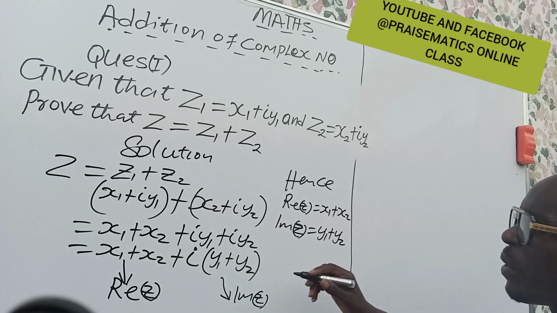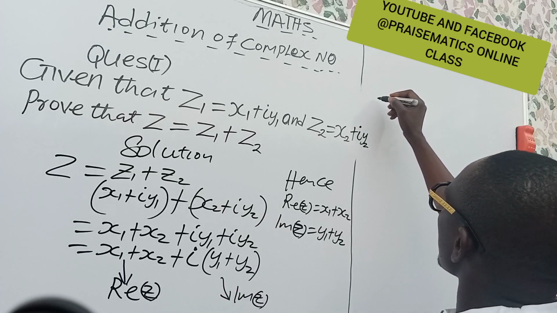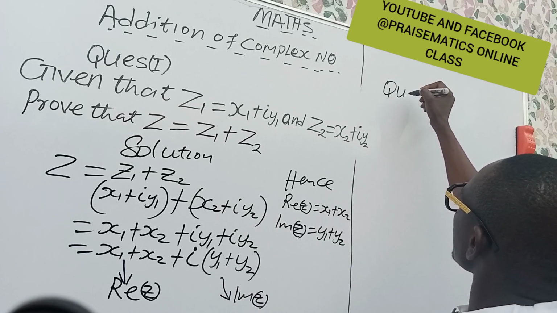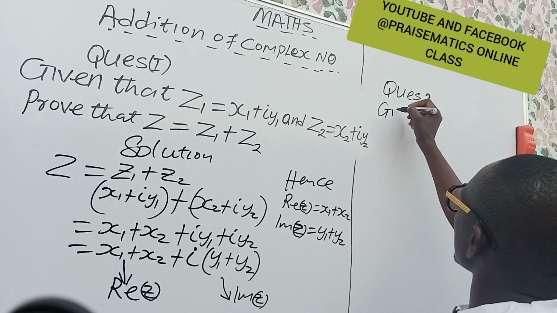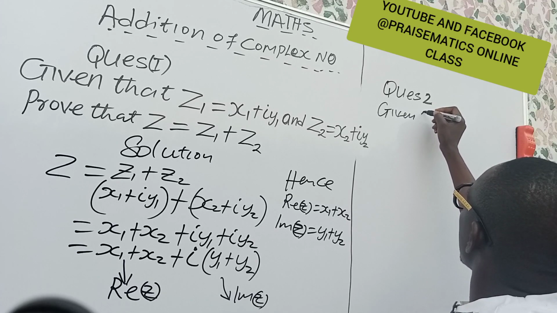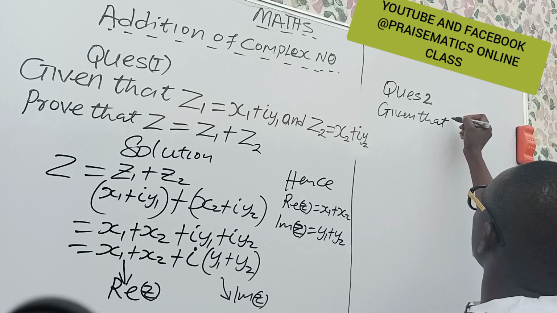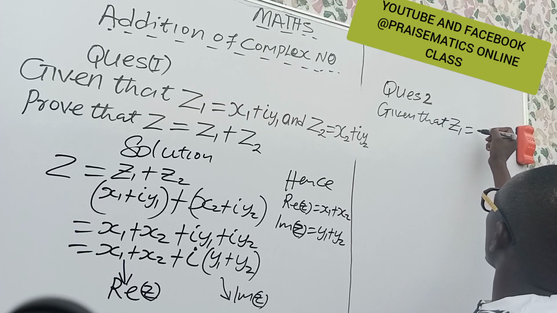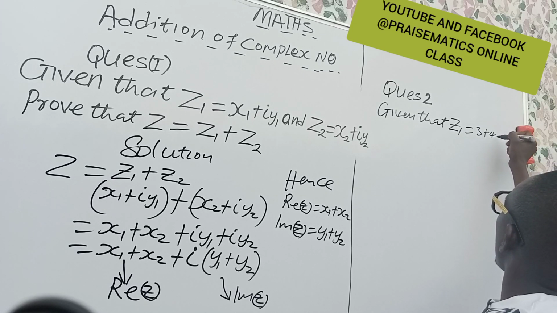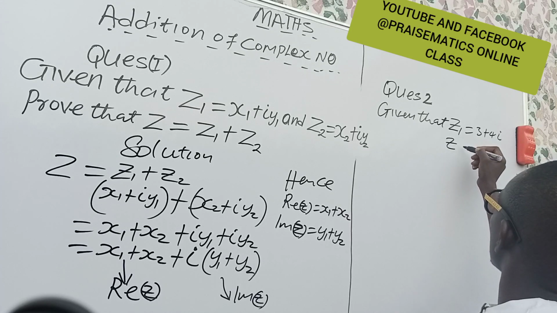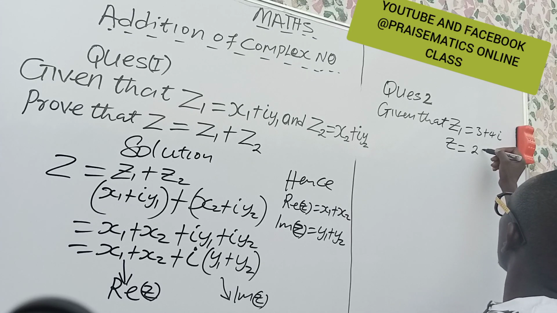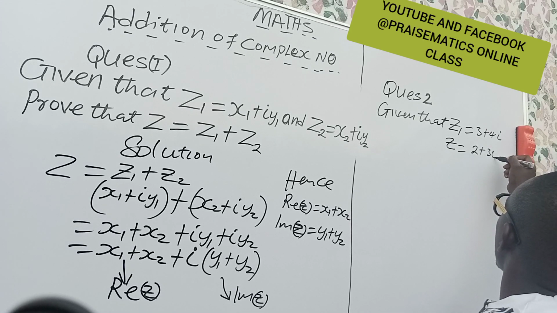Now an example under this. Question 2: given that z1 is equal to 3 plus 4i and z2 is equal to 2 plus 3i.